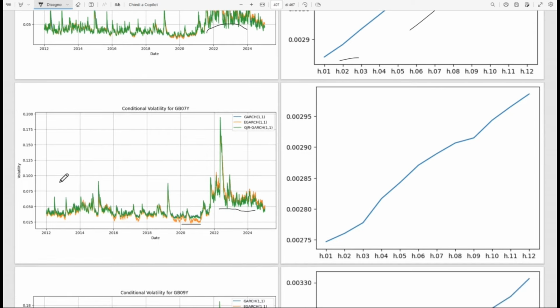For all these periods from 2012 up to 2021, let's say, between 2021 and 2022, we have somewhat normal vol. The baseline is here, but now the baseline is shifted here. The baseline was 2.5% for 10 years. Now, in the past couple of years, the baseline is 5% conditional vol.